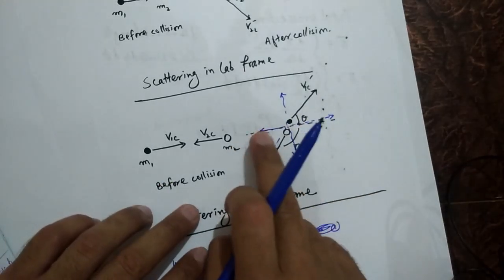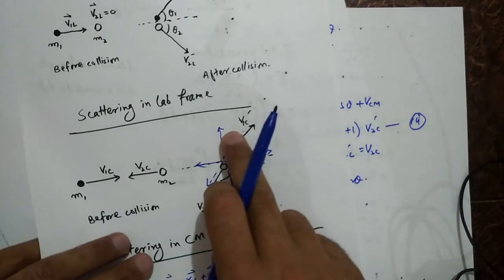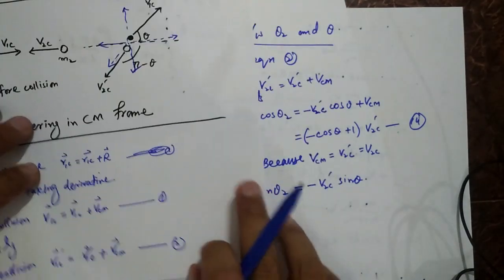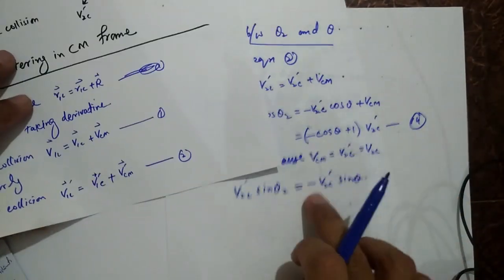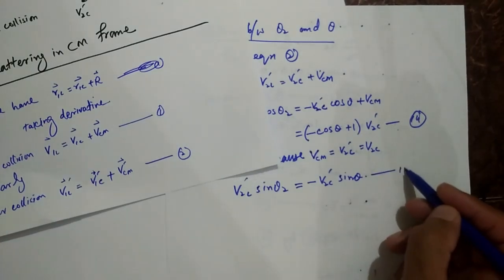So this one was positive, this was negative, as in this equation, and similarly this one will be positive and this one is negative because it is downward. This is equation number 15.